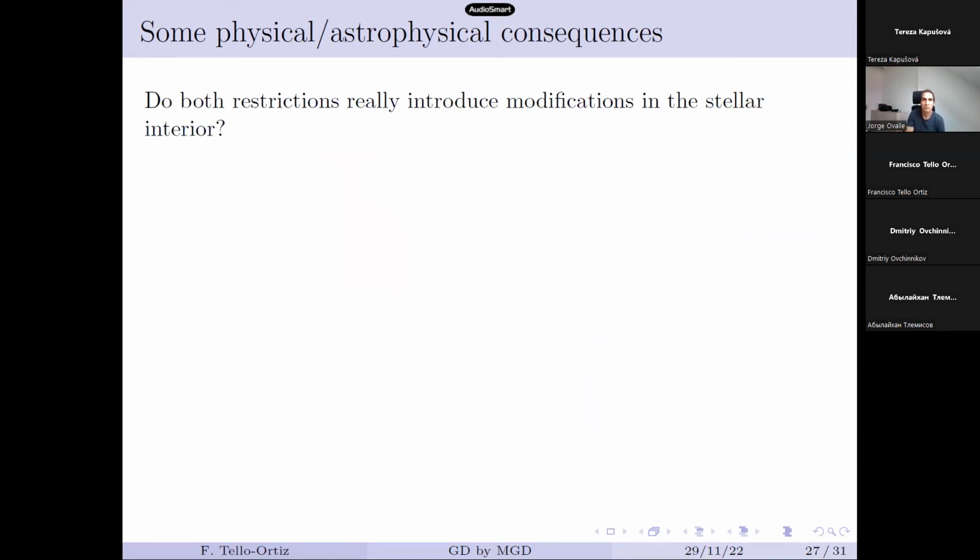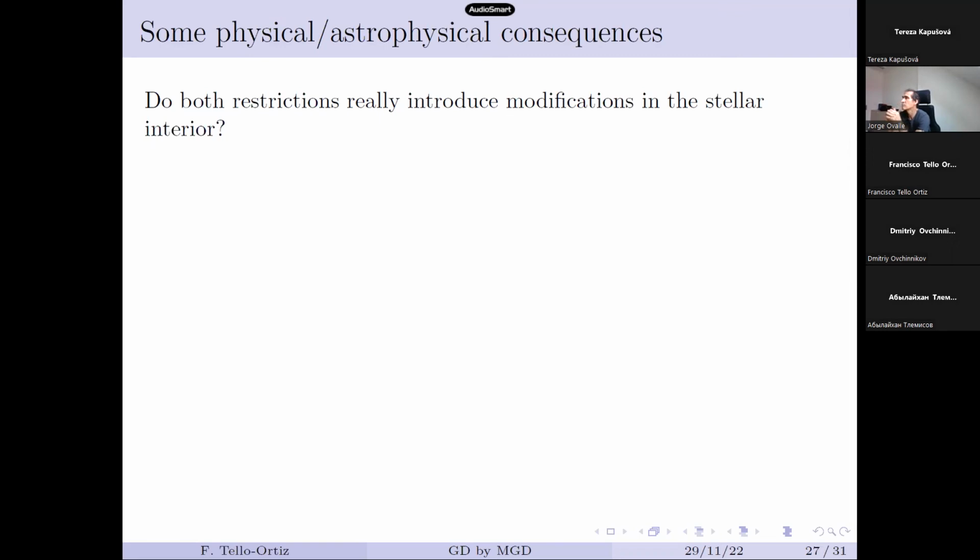And finally, I just want to point out some physical consequences about the use of this mimic constraint approach. At the beginning, I told you we are going to talk about the mimic constraint approach. We are going to see what the effects are after minimally deforming the space-time.